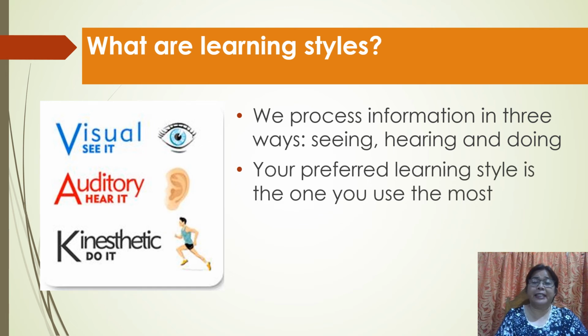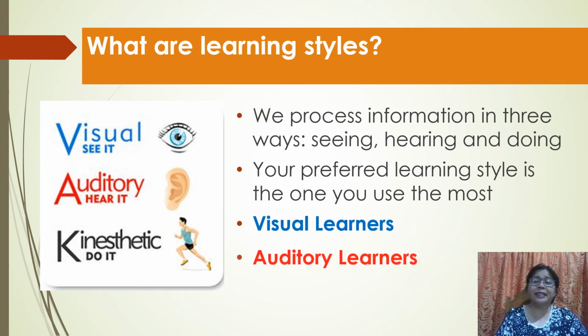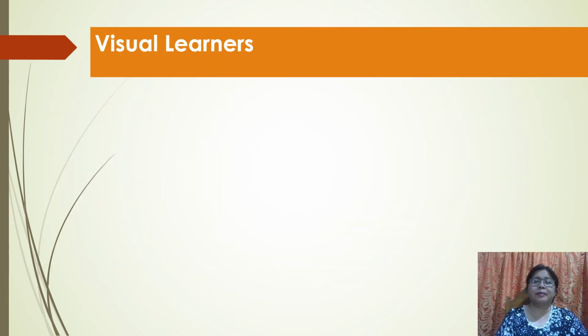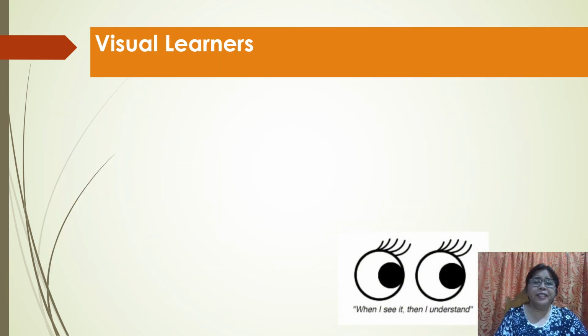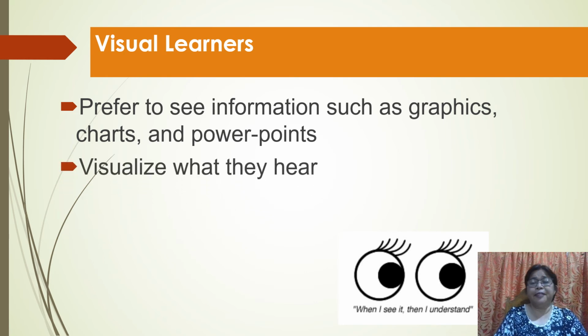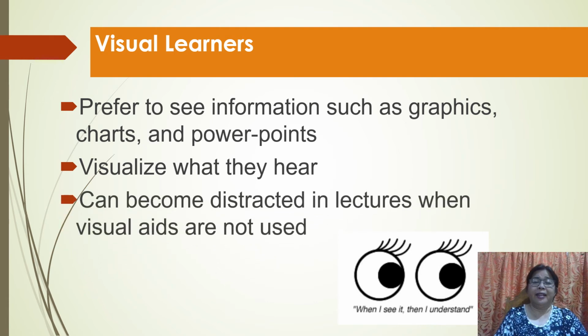So our preferred learning style is the one you use the most: visual learners, auditory learners, and tactile learners. Visual learners prefer to see information such as graphics, charts, and PowerPoints. They visualize what they hear, and they can become distracted in lectures when visual aids are not used.